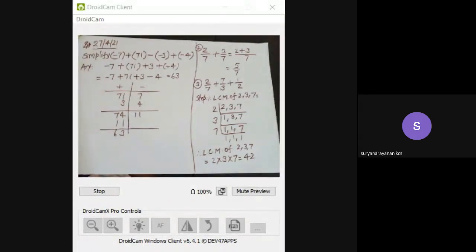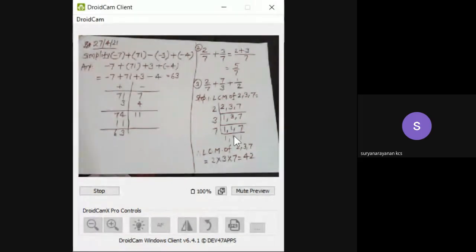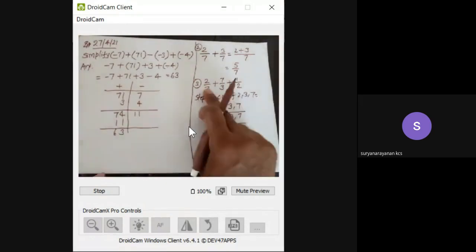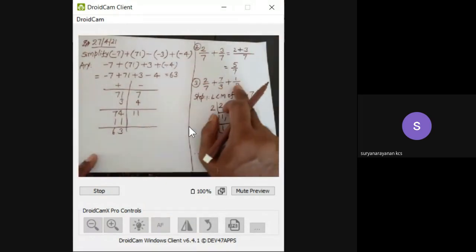Now, after finding the LCM, what should we do? We have to convert these unlike fractions into like fractions. Then only it is easier for us to add or subtract.